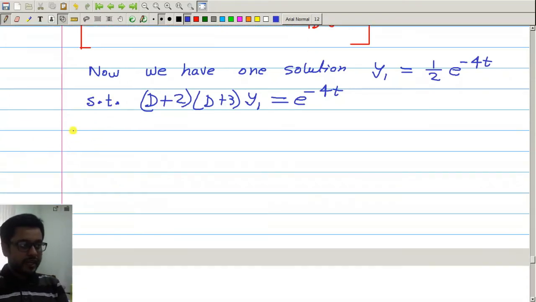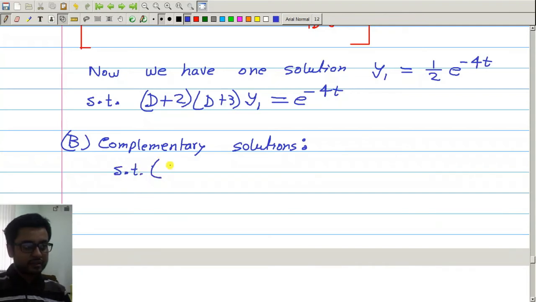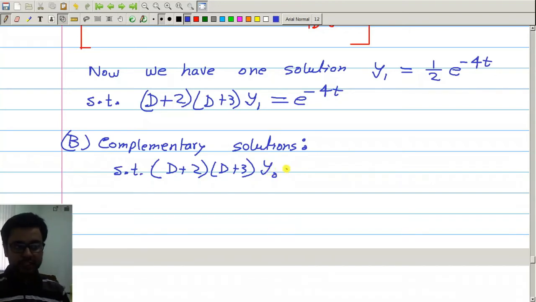Now in step 2 we will find all complementary solutions, such that this operator acting on the complementary solution, say y0, gives 0.